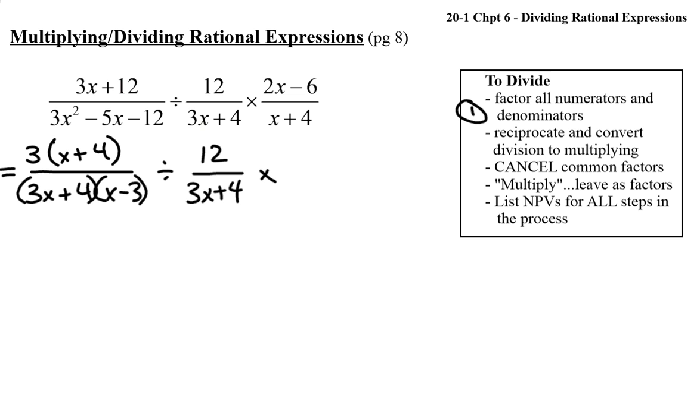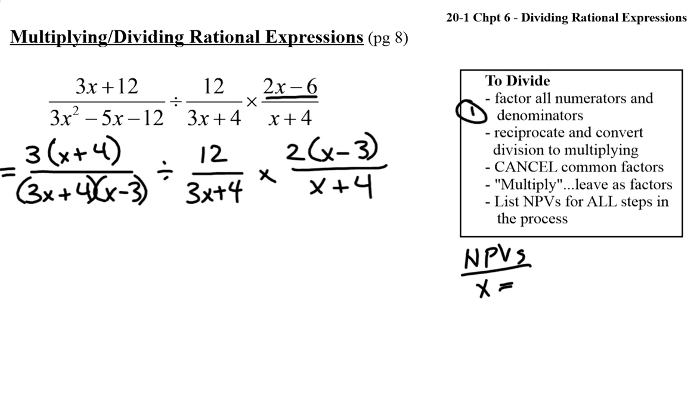3x plus 4 doesn't factor, just stays as is. Times 2x minus 6, factor out a 2. And x plus 4 doesn't factor. So we've done all our factoring. Here I am identifying my NPVs at this point. Our NPVs occur when, if 3x plus 4 equals 0, that means x is negative 4/3.